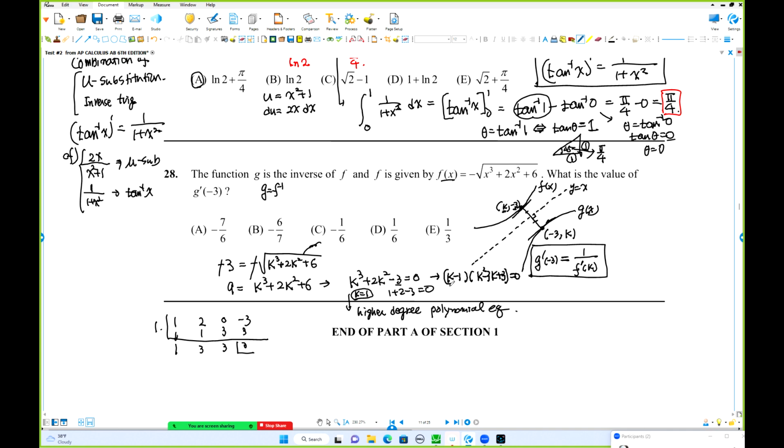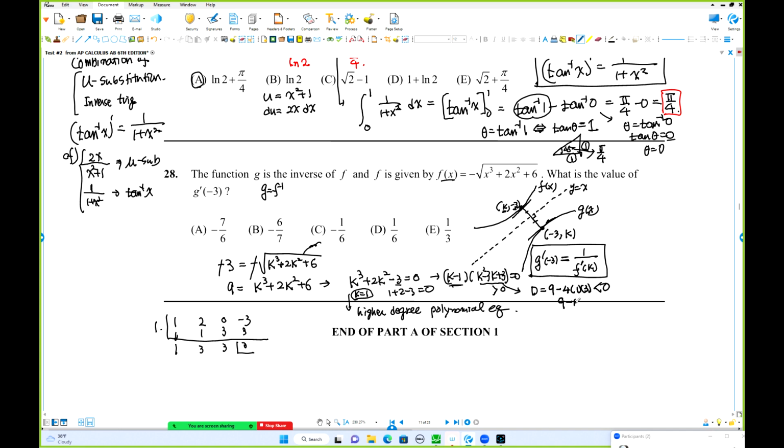We already got k equal 1 there. But this other factor cannot be 0. It is always positive. This one is a little hard, because when you take the discriminant, what is that? B squared is 9 minus 4 times a is 1, c is 3. That is 9 minus 12, a negative number.